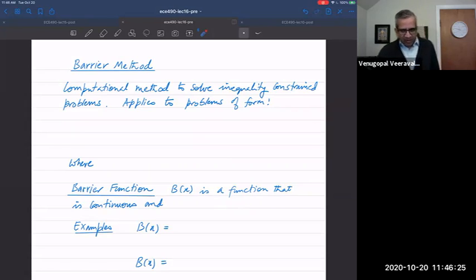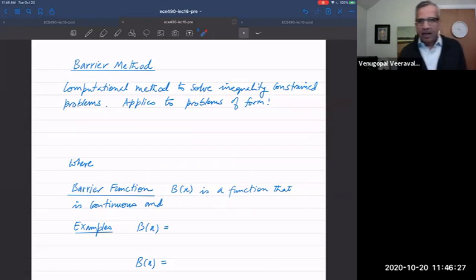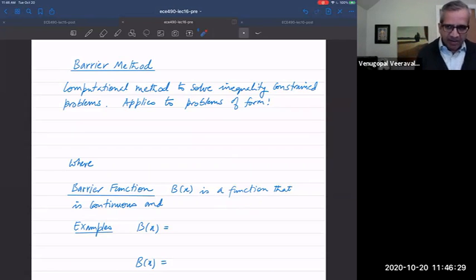Okay, so the first method we're going to study is called the barrier method. And it applies to problems with purely inequality constraints.